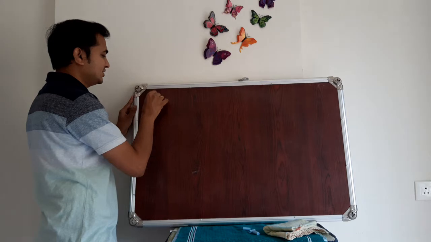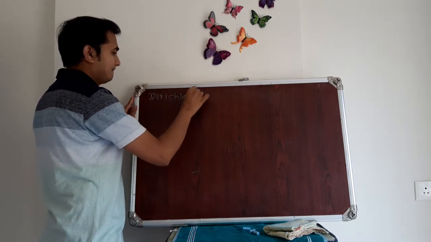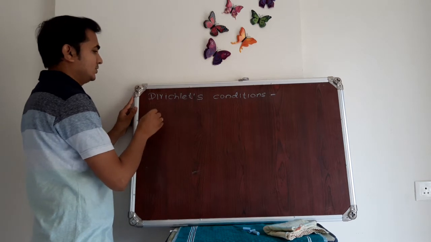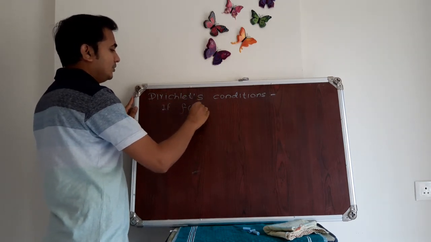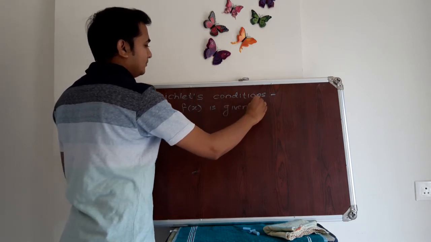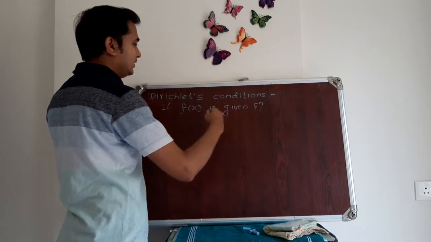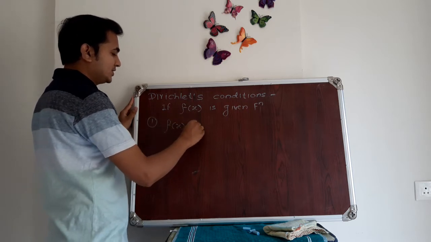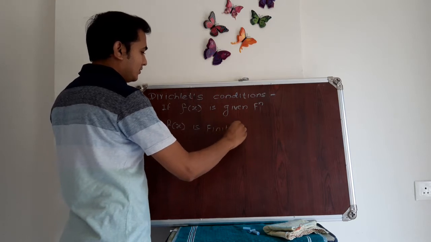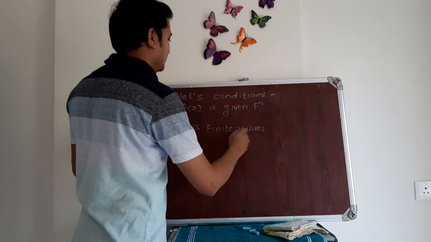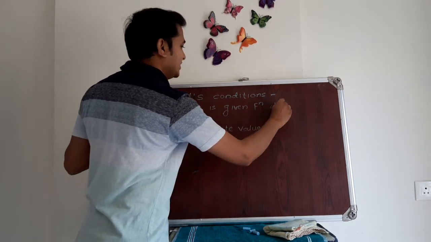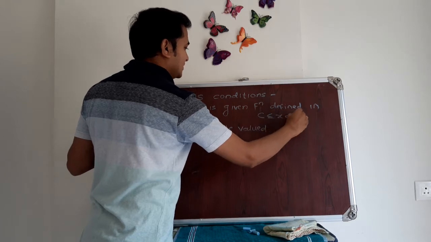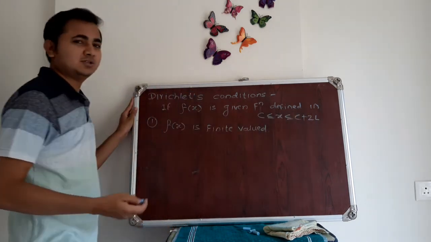are Dirichlet's conditions. So if f of x is a given function, then Dirichlet's conditions on f of x are: first, f of x is finite valued, given function defined in some interval c to c plus 2l.